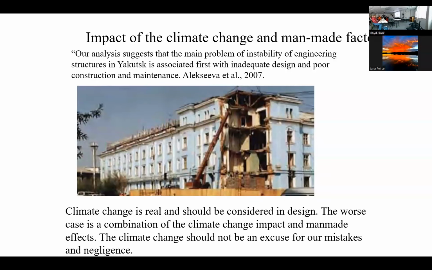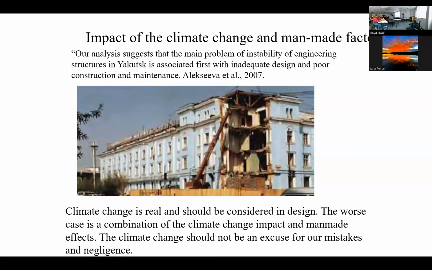Many years ago, I talked to one of my friends who studied ice wedges, and I said, if you want to really understand ice wedge formation and development, put yourself in the place of the ice wedge. Try to feel what the ice wedge feels. And consider this impact of climate change and man-made impact on permafrost.